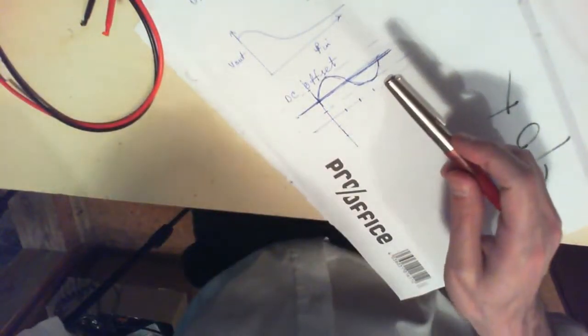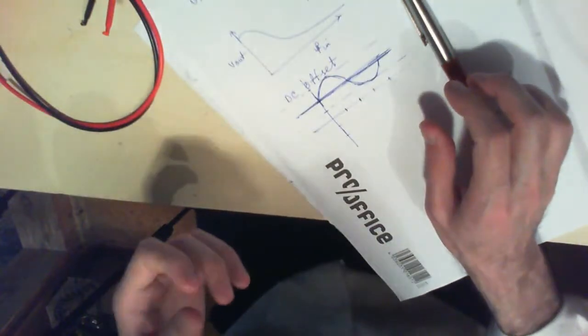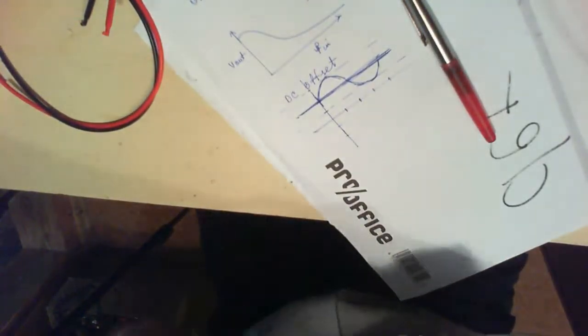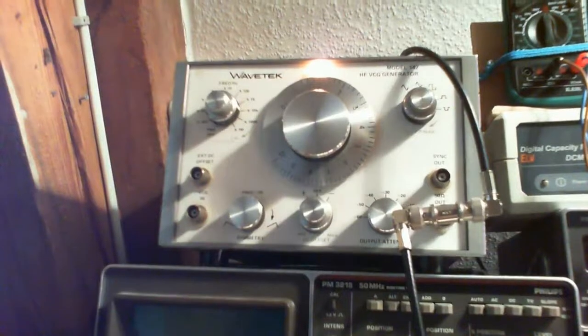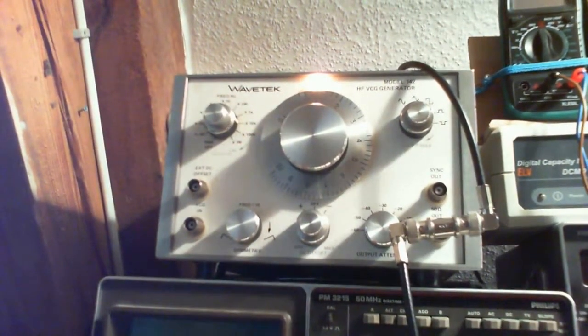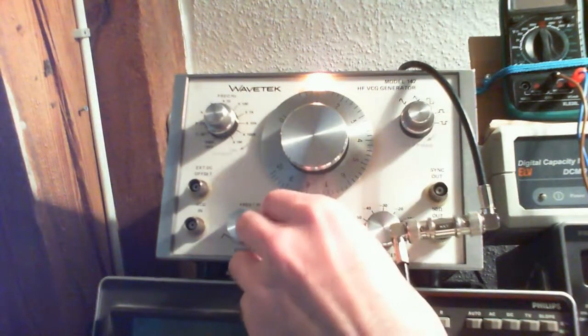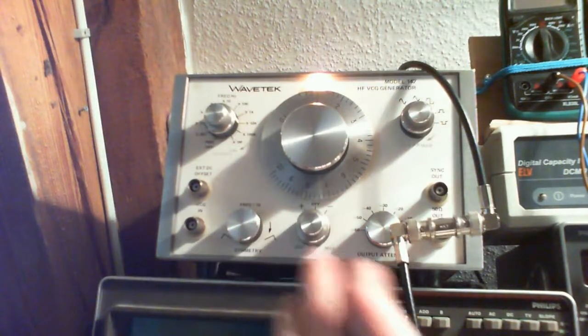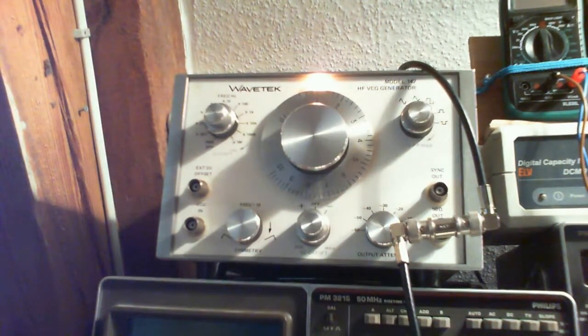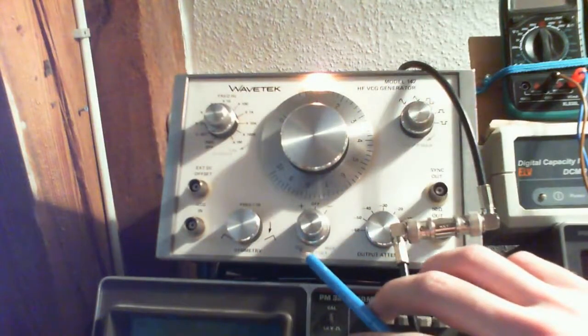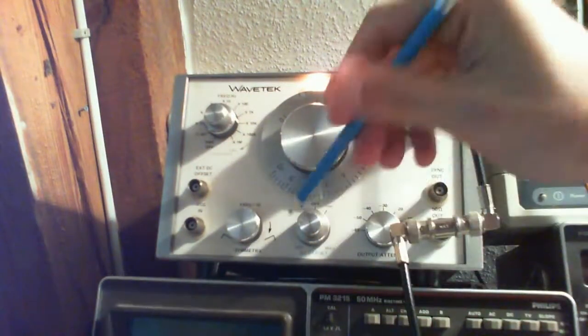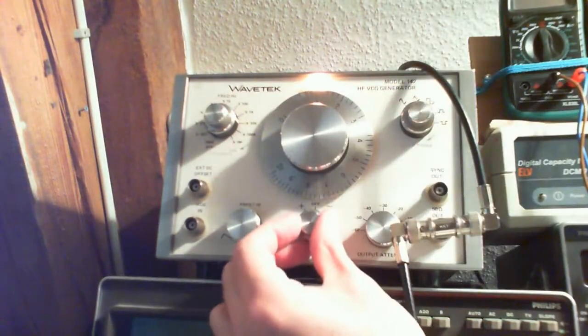So now what that looks like on a signal generator is something like this. For example, on this signal generator, which is the one that I'm going to use, you have this knob that says DC offset, and you have the minimum and maximum of your DC offset that you can set by turning this knob.